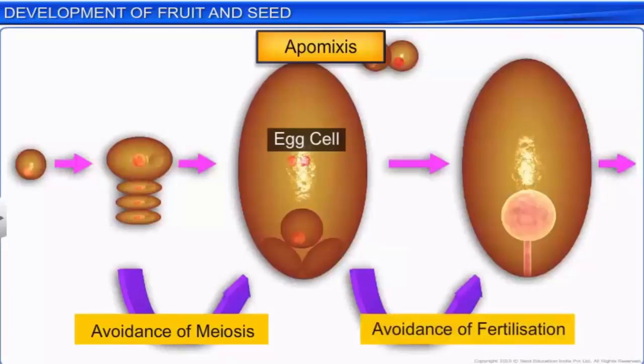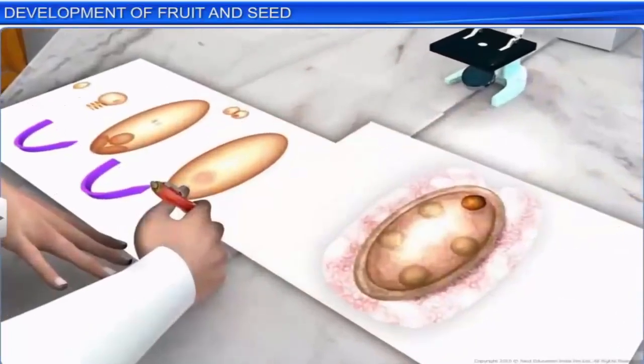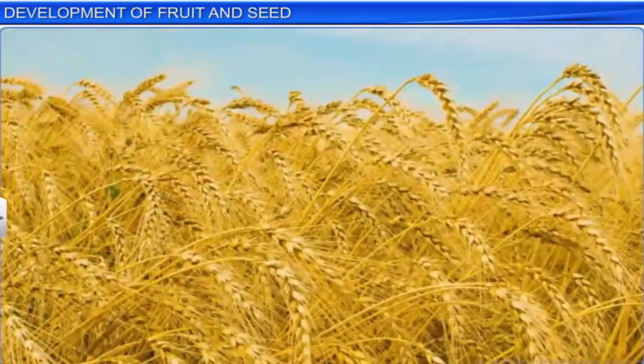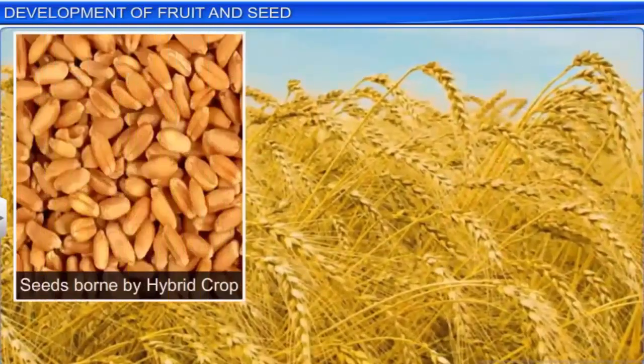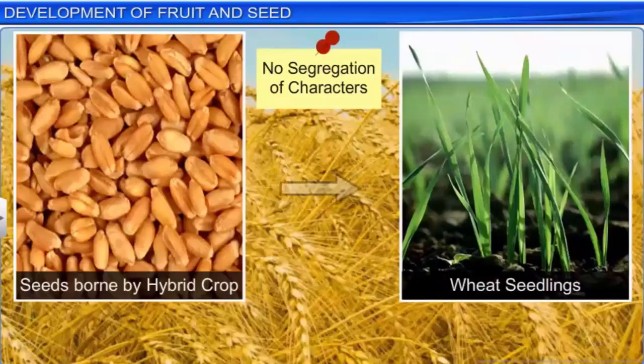In fact, seeds or embryos either develop from an unfertilized egg which did not undergo meiosis, or from the cells of the integument or nucellus. Botanists believe that converting hybrid crops into apomixes will prevent the segregation of characters in seeds produced by hybrid crops, and thereby eliminate the need to purchase hybrid seeds every year, as the seedlings produced by the apomixes will resemble their parents genetically.